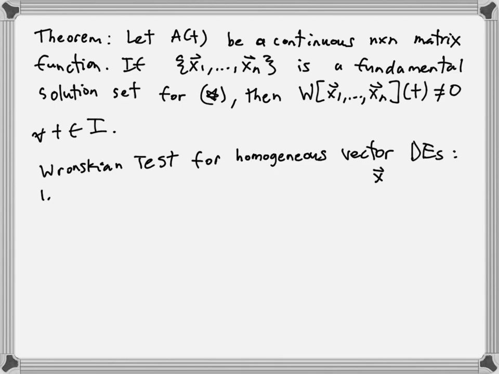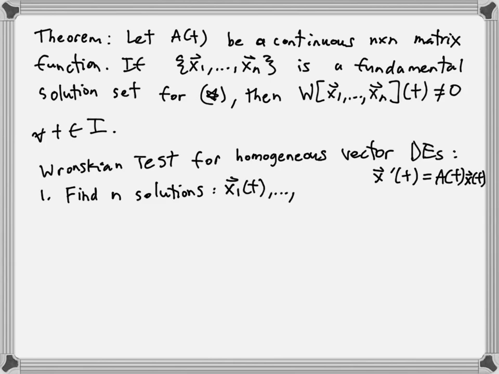Remember, homogeneous vector differential equations always look like this. So there it is. Step 1, first thing we're always going to do is we're going to find n solutions, x1 of t all the way to xn of t.